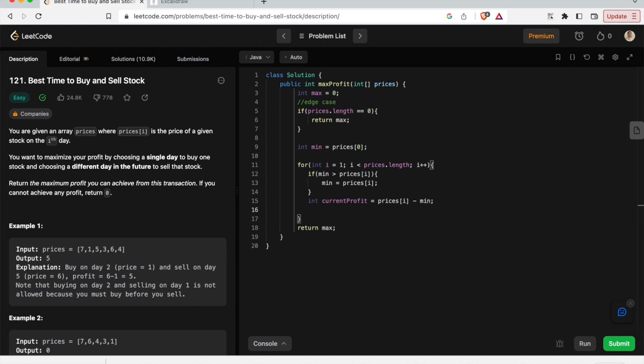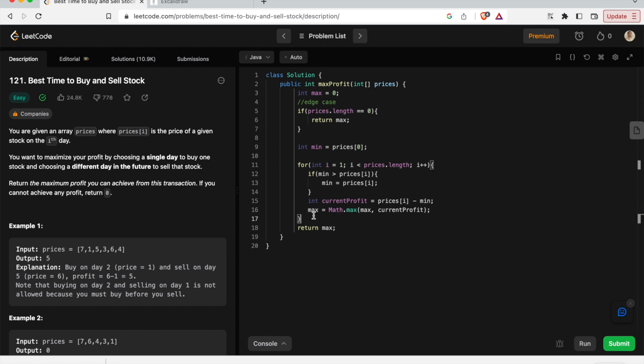Then you compare your max with the current profit using a simple Math.max operation.